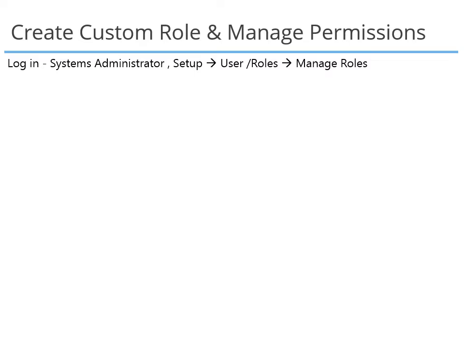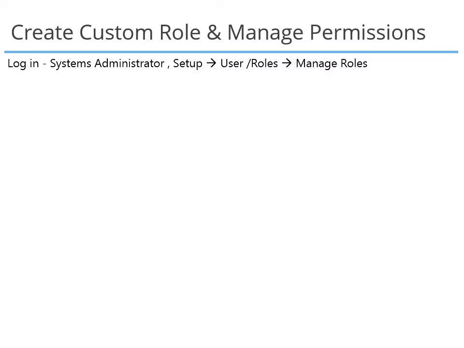You can create a custom role or a new role from scratch and define a set of permissions. When you are creating a custom role, use the standard role as a template. To create a custom role, log in as System Administrator of the NetSuite account. In the Navigation Center, move the cursor over Setup, and from the drop-down menu, select User/Roles.